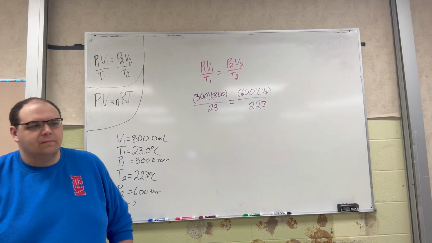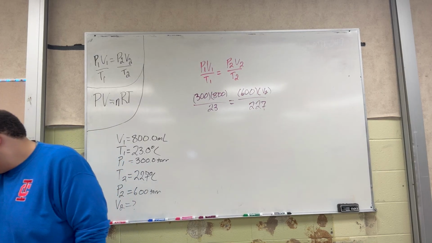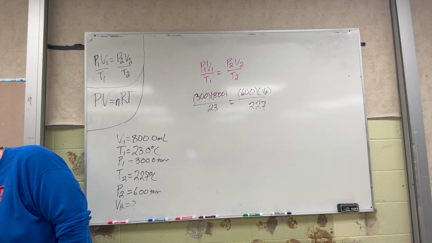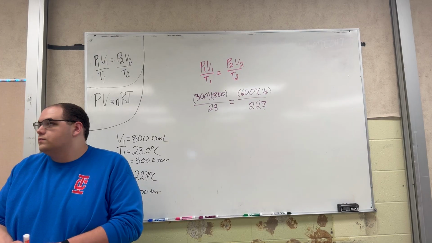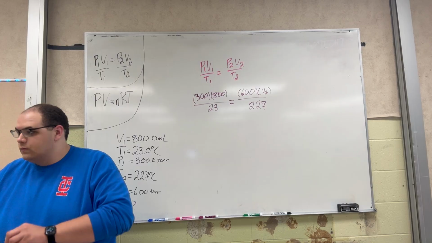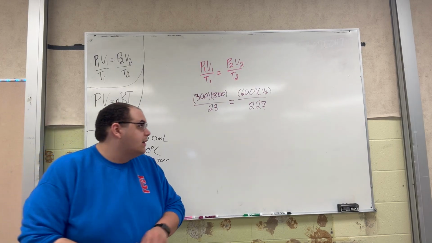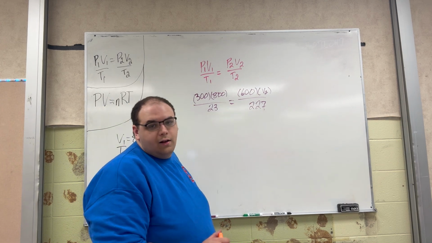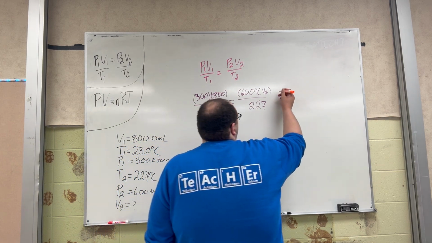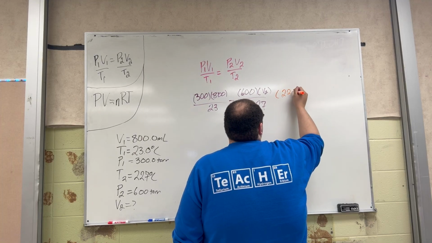Do a little algebra. Solve for V2. Tell me what you get. I don't know how to do this. The algebra? Okay, well, we need to get V2 by itself. I would start my algebra here by multiplying both sides by 227.